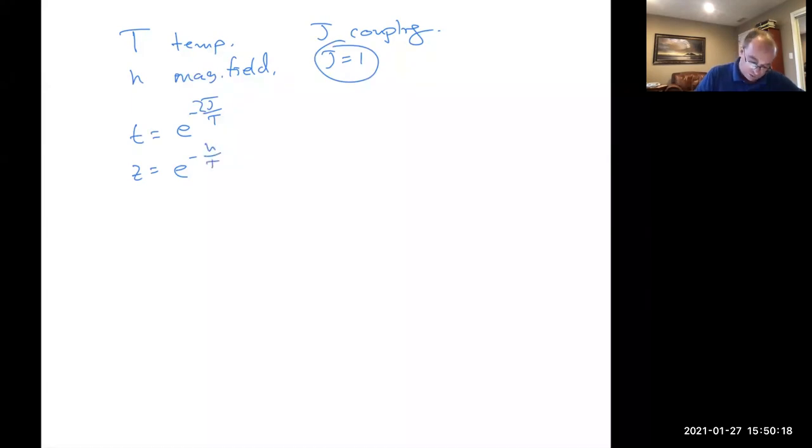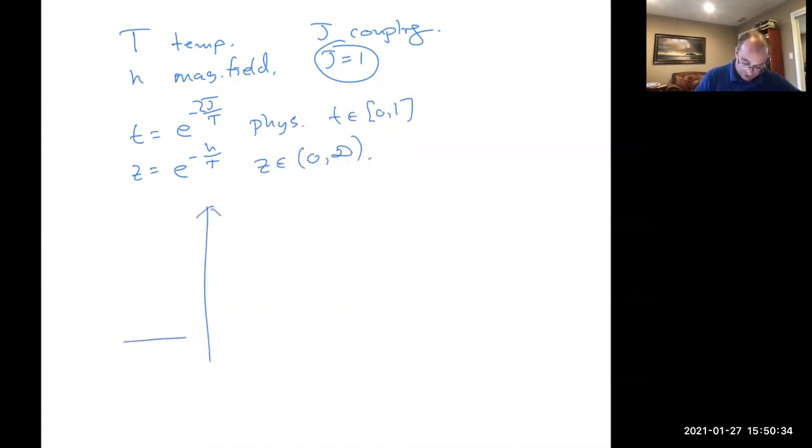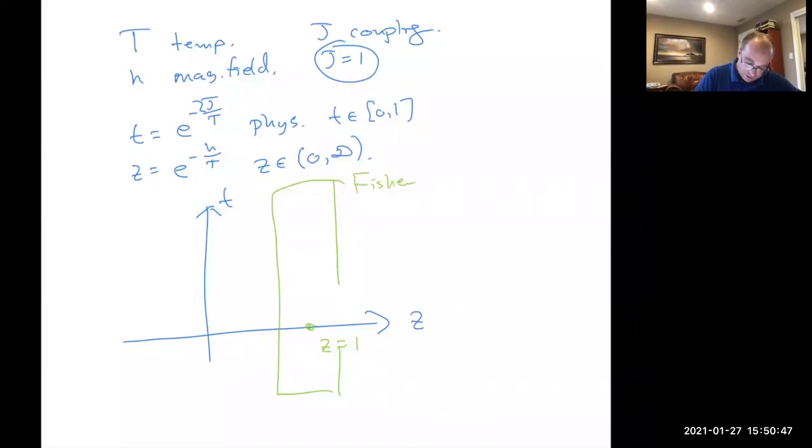And so for physical values, t is between 0 and 1, and z is in 0 to infinity. And the first thing, if you look in C2, and drawing C2 is always kind of funny, with coordinates z and t, then you can look at z equals 1, the complex plane over z equals 1. This is the Fisher slice, where the Fisher zeros live.